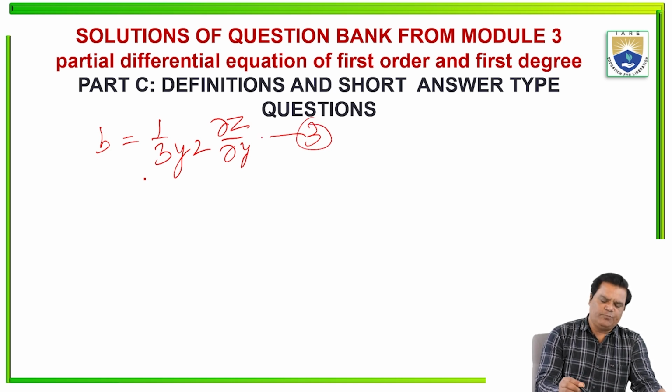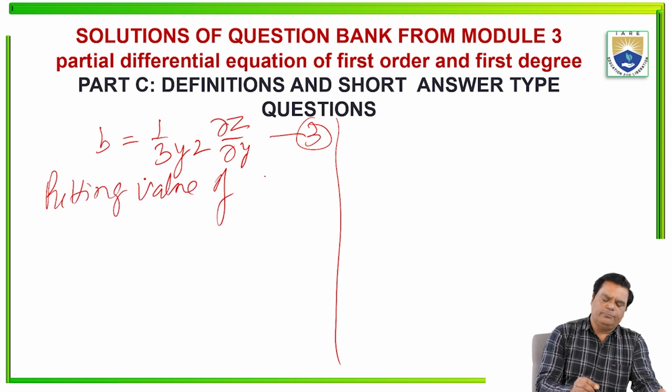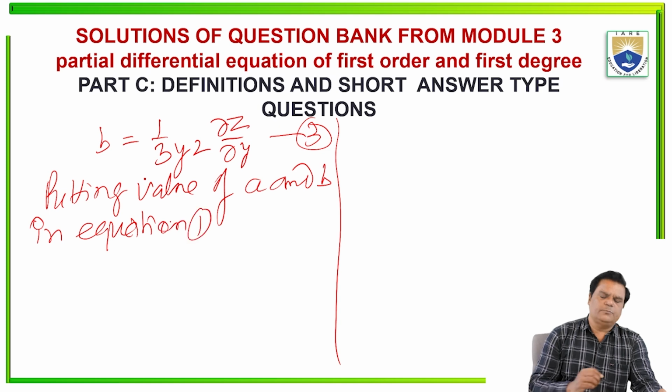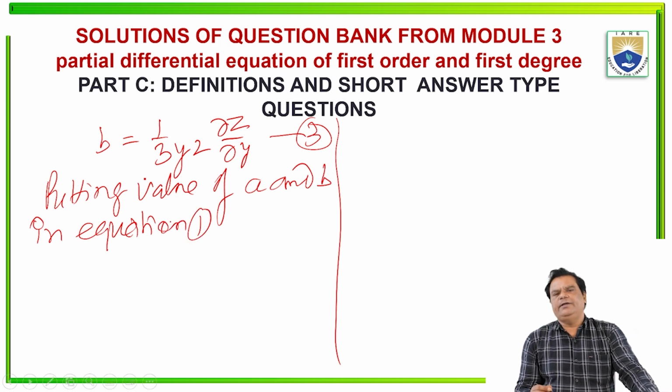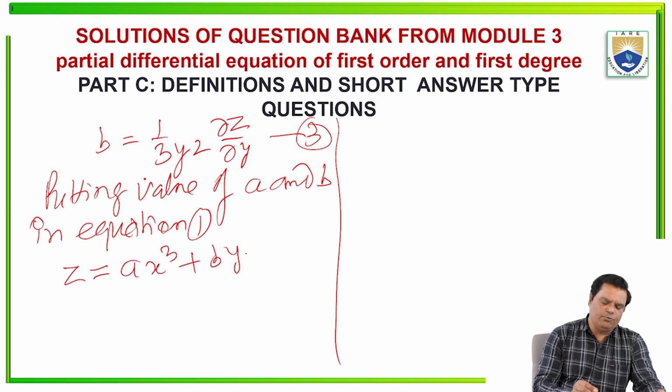Putting the values of a and b in equation 1, we get z equal to ax³ plus by³.